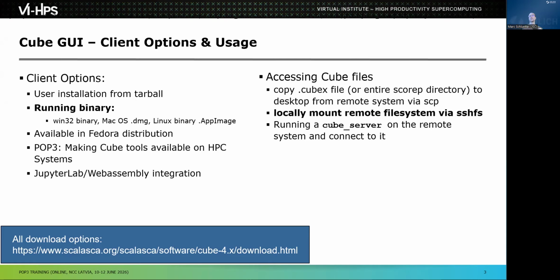The most convenient one for most cases is to do a local mount of the remote file system and use the client locally, or use a client with a Cube server in the backend. So there are various options. The preferred method is basically to have a local client and then connect to the remote files in some form.